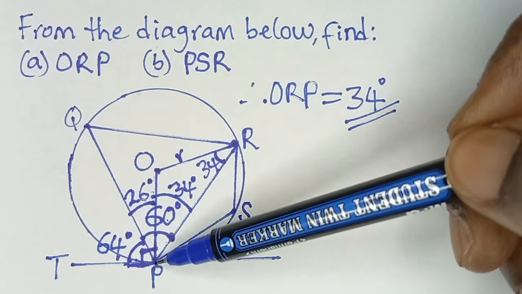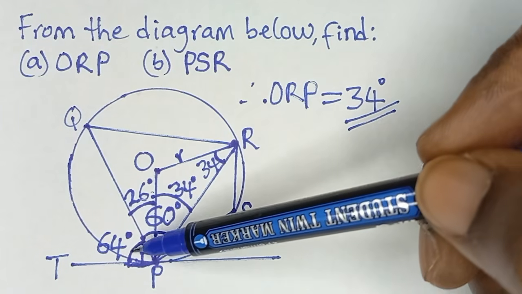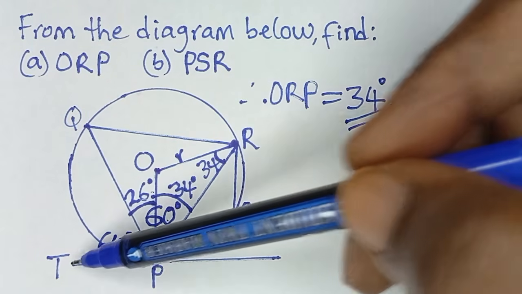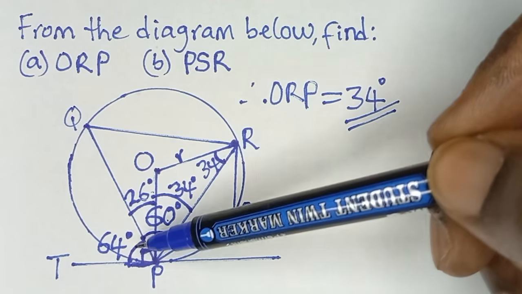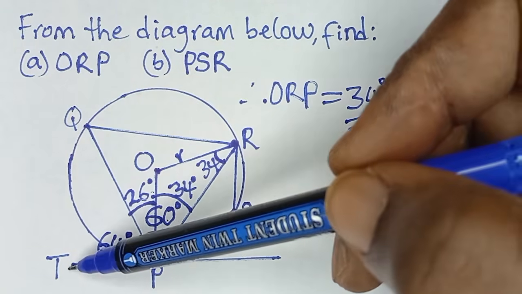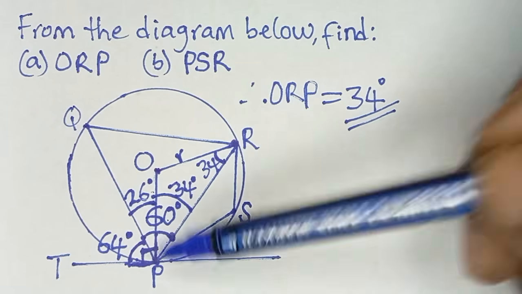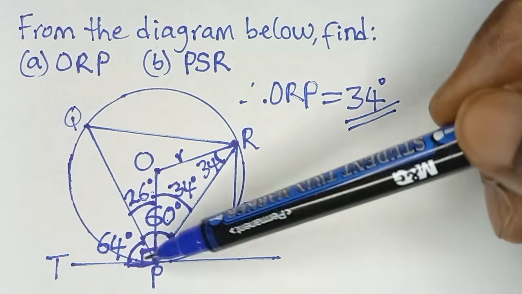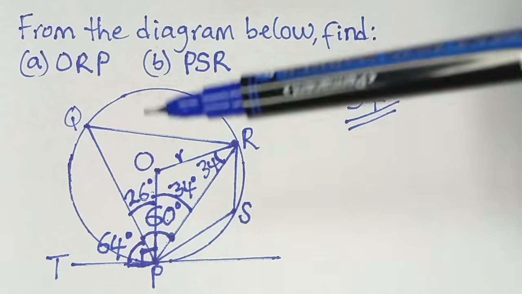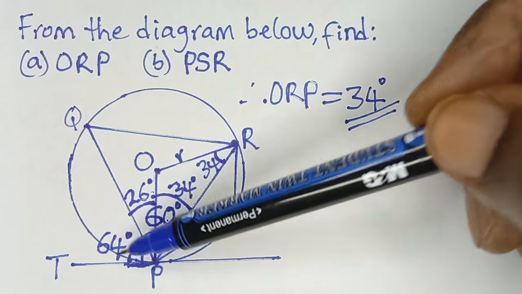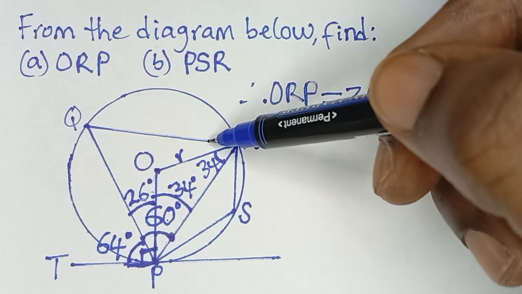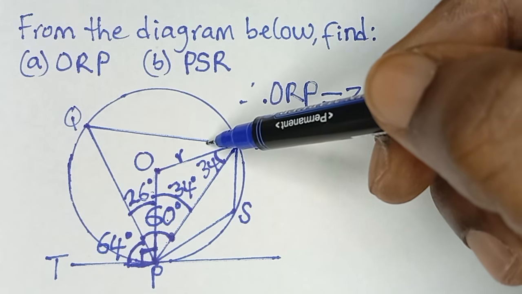Now this chord QP is making 64 degrees with this tangent TP. In the same way, when a chord makes a particular angle with a tangent, that same chord makes the same angle inside the triangle that it forms.